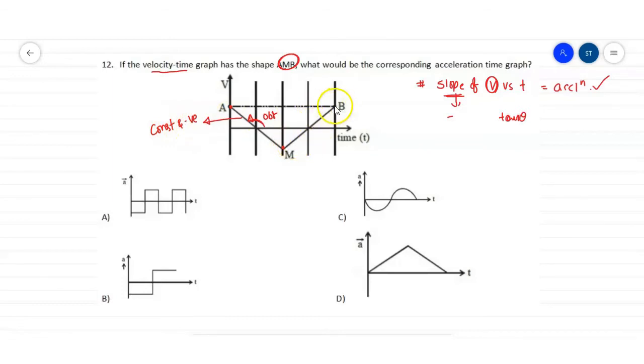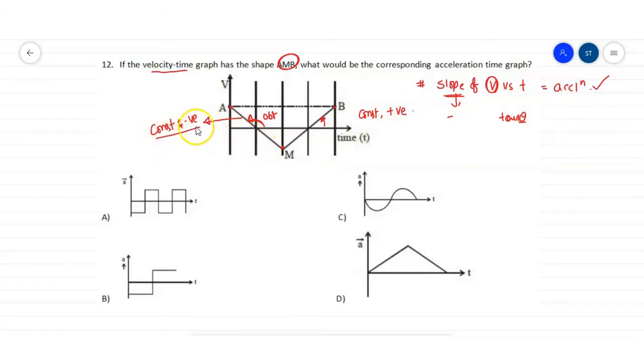Now let us check between these 2 points, M to B. Again a straight line, which means slope will remain constant, which implies acceleration will remain constant. What about slope here? It is making an acute angle with the x-axis. If angle is acute, then tan theta will be positive, which implies slope will be positive. So acceleration will be positive here.